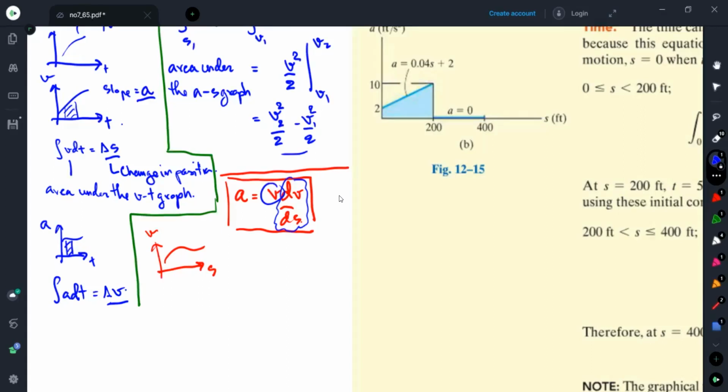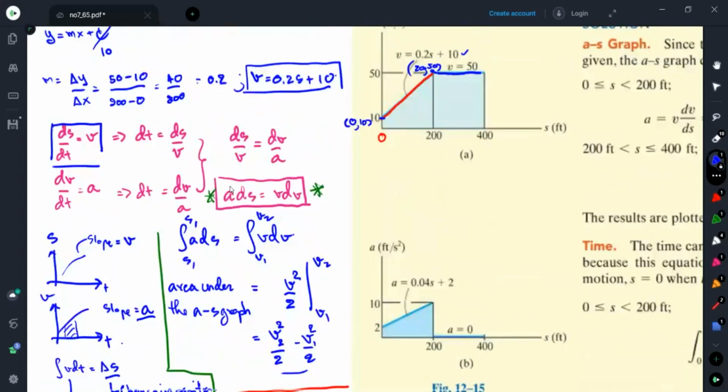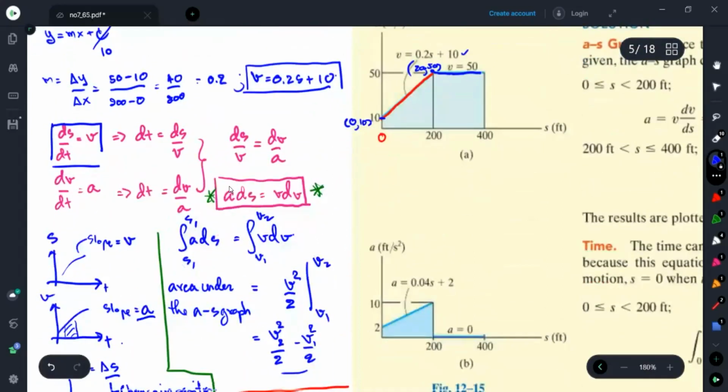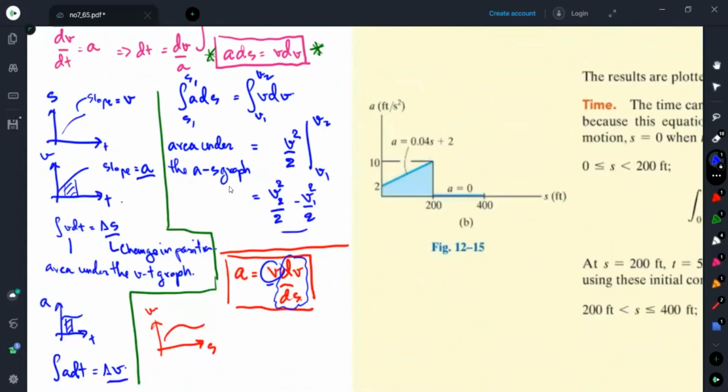We have to multiply it with the velocity at that point to change it to a. This is a little bit different, but if we understand this, we can create the a-s graph from the v-s graph by this step.